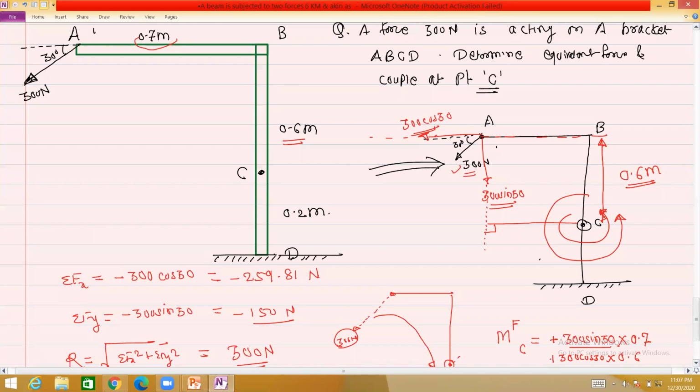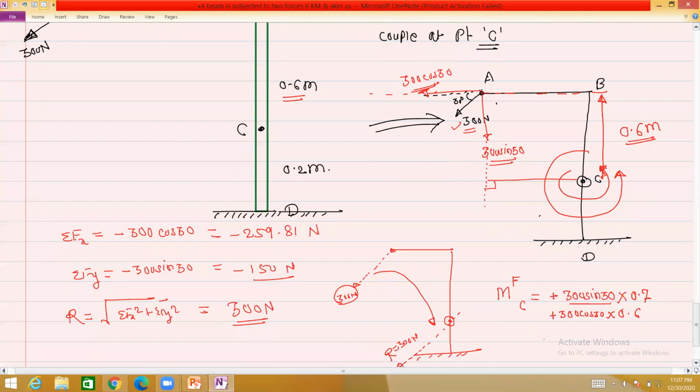So again, it is positive. So this total moment value is 260.88 Newton meter.